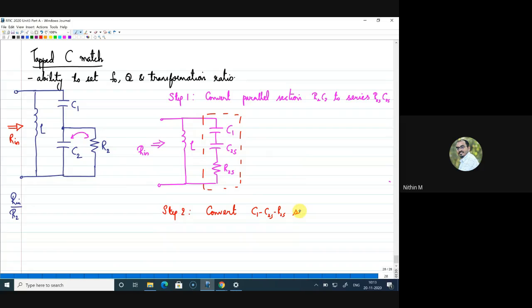So convert this series section to a parallel section. The parallel section will again have a resistance. I'll call it the final resistance or something.